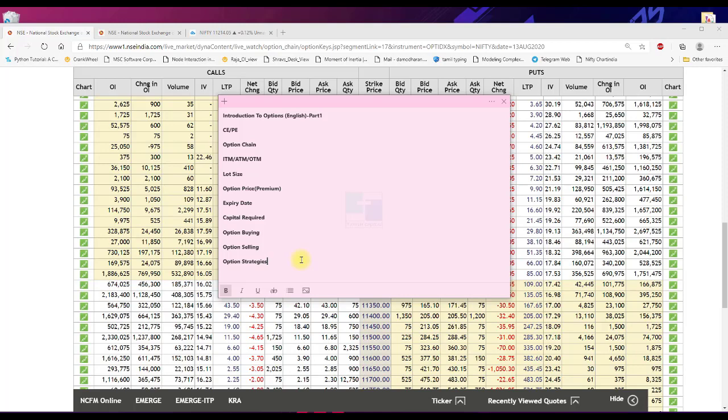Only thing you need to remember is there is a difference between discovering something and exploring and finding something. Option strategies are explorable content. You can do all kinds of combinations, like 1 lot buy in futures, 1 lot sell in option. It can be a call, it can be a put, and again 1 lot sell in call, 1 lot buy in call. Like that there are n number of combinations that make up option strategies. So it is not a defined way to do anything.